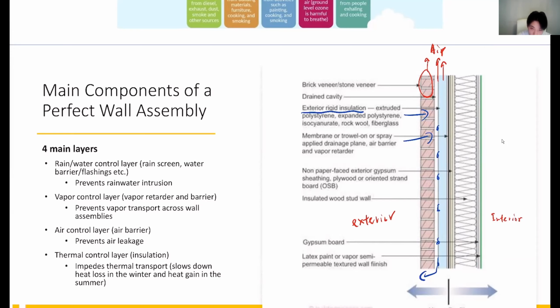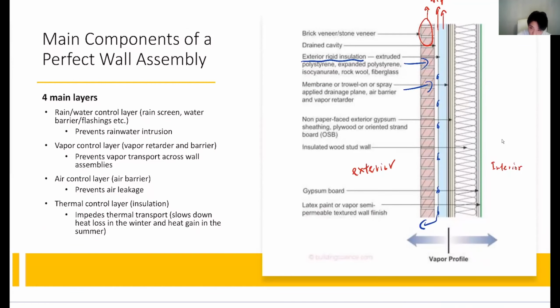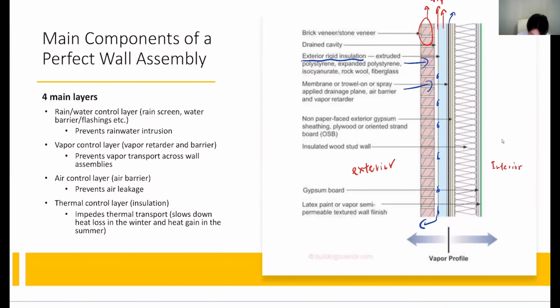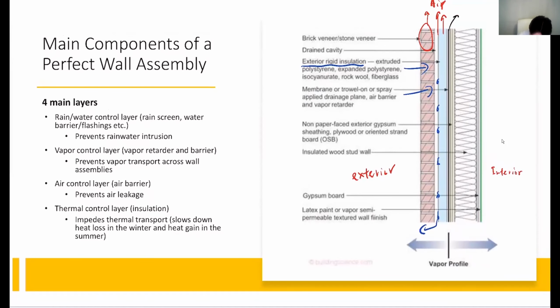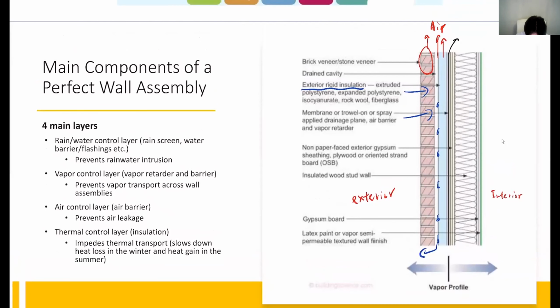But what if the water still makes its way through the building elements all the way behind the rigid insulation, to the black layer shown here? Maybe I'll change the color. This black line is the last line of defense for us to control the water.